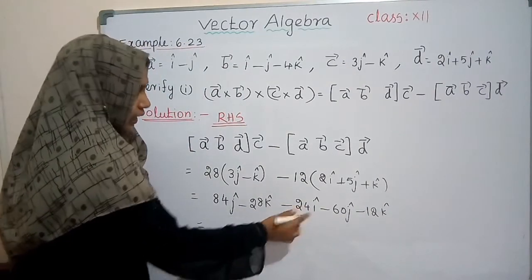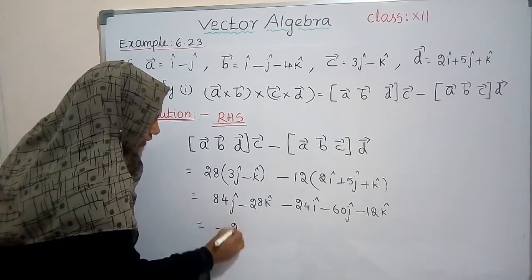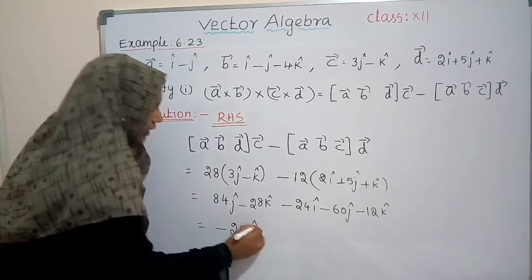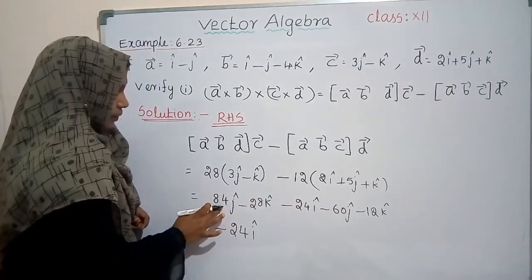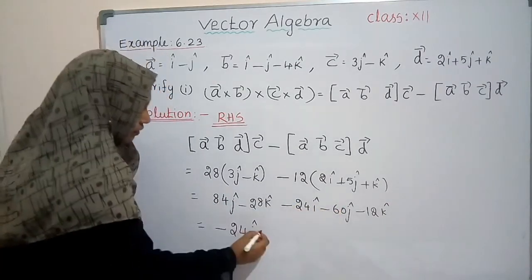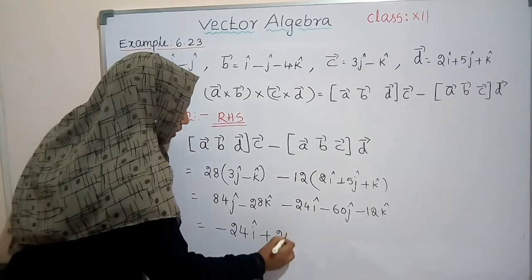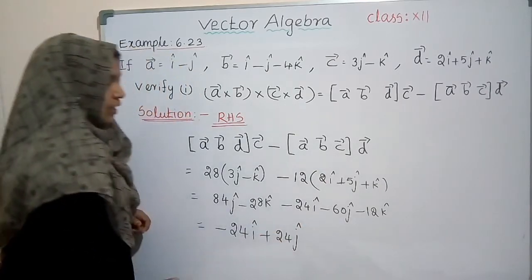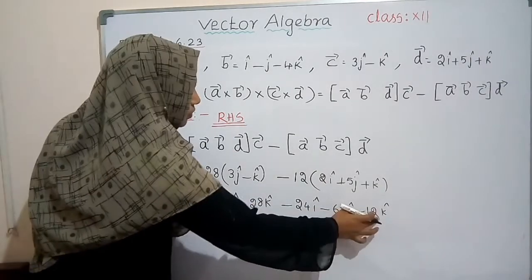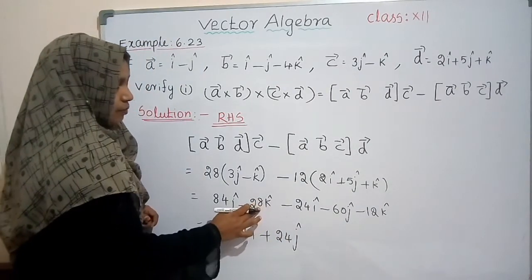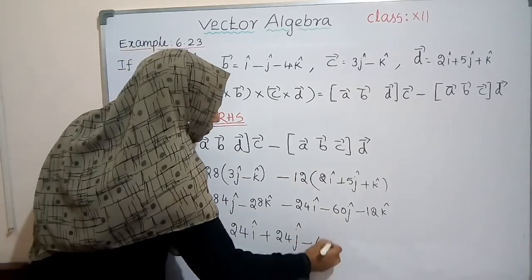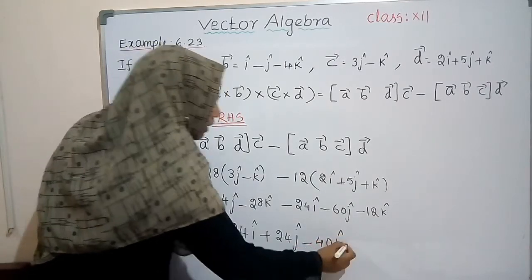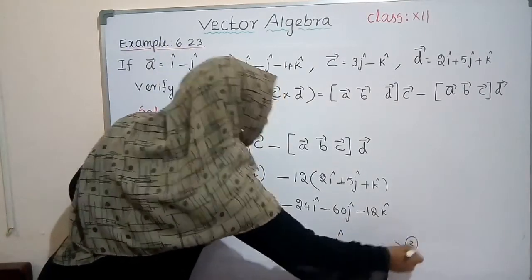We have only one i cap, so we can write that first, minus 24 i cap, and we have two j cap terms, 84 minus 60 will give plus 24 j cap, and we have two k cap terms, minus 28 and minus 12 is minus 40 k cap, and mark this answer as 2.